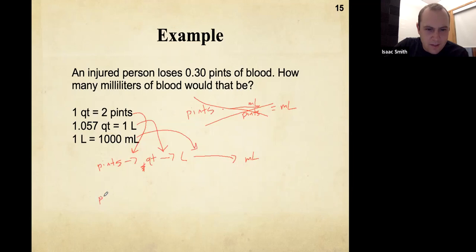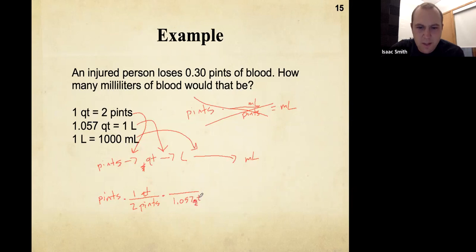So let's write this out. We have pints, and then this conversion factor that takes us from pints to quarts, so we'll set this up with 2 pints on the bottom to 1 quart. Then we use our second conversion factor, which takes us from quarts to liters: 1.057 quarts to 1 liter.